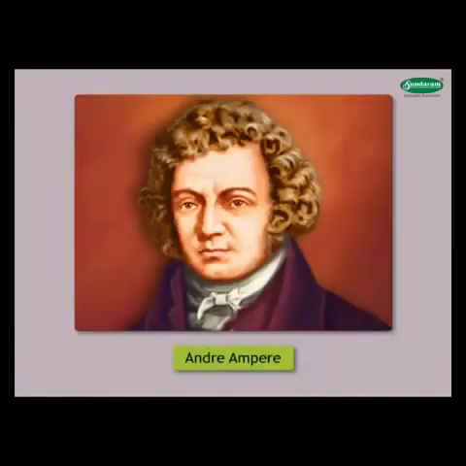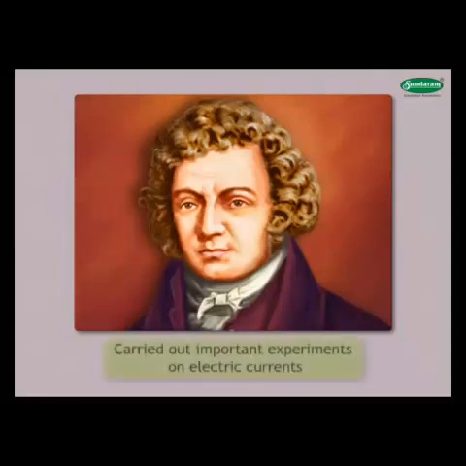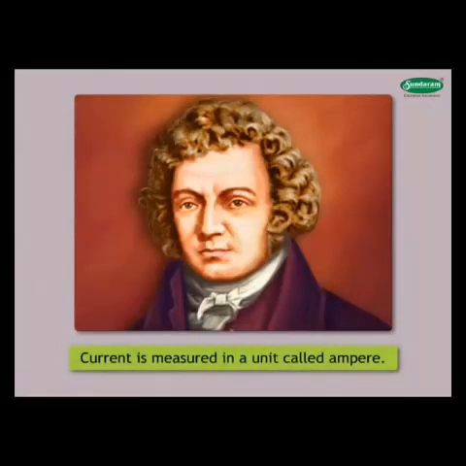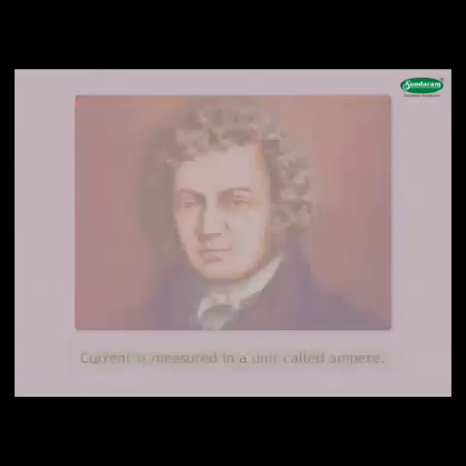André Ampère, 1775 to 1836, the French mathematician and scientist, carried out important experiments on electric currents. His work enabled people to measure the amount of electric current flowing through a circuit. In recognition of his contribution, the current is measured in a unit called ampere.